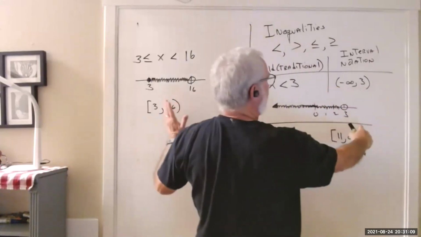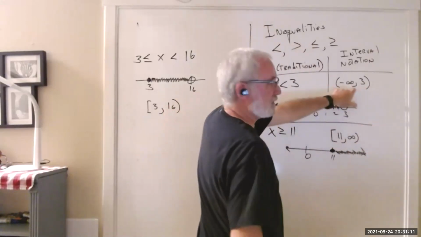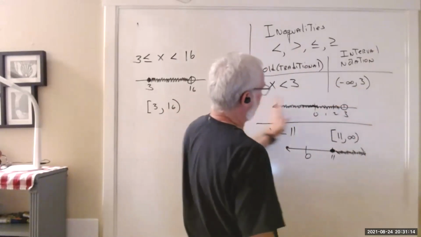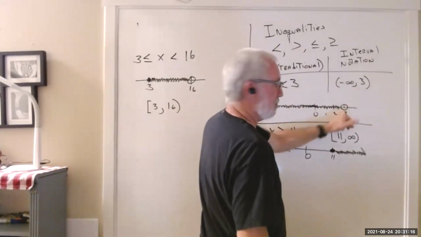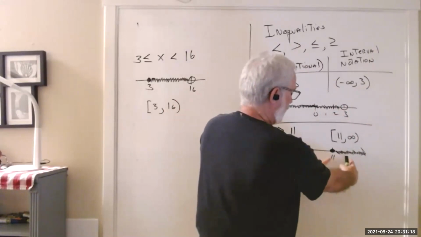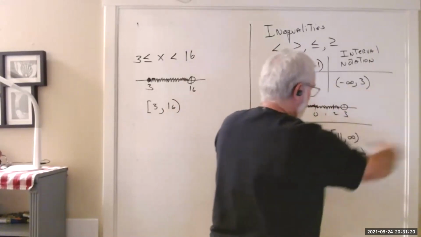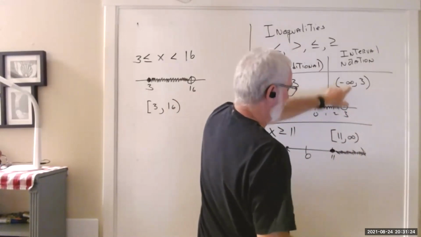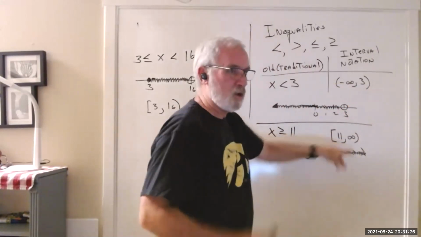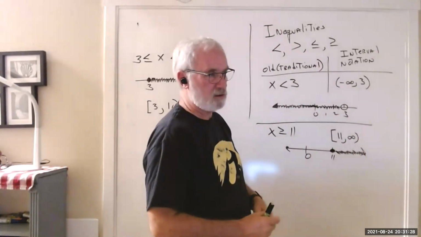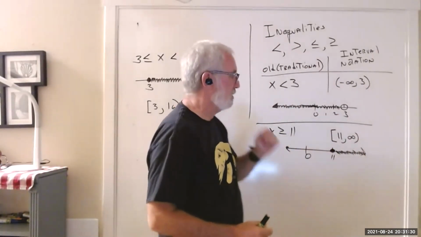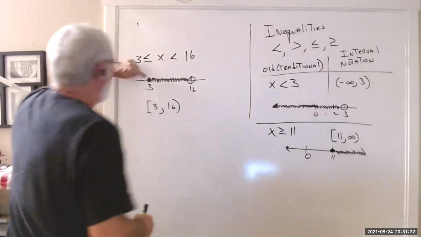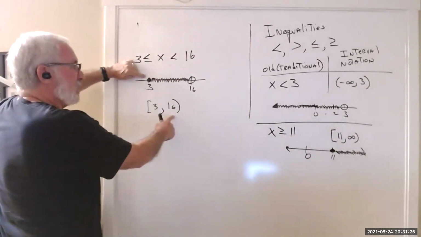Everything from negative infinity up to 3. Okay? What's shaded? From 11 to positive infinity. So when you use this interval notation, you're really describing what's been shaded. So from 3 to 16 is shaded.